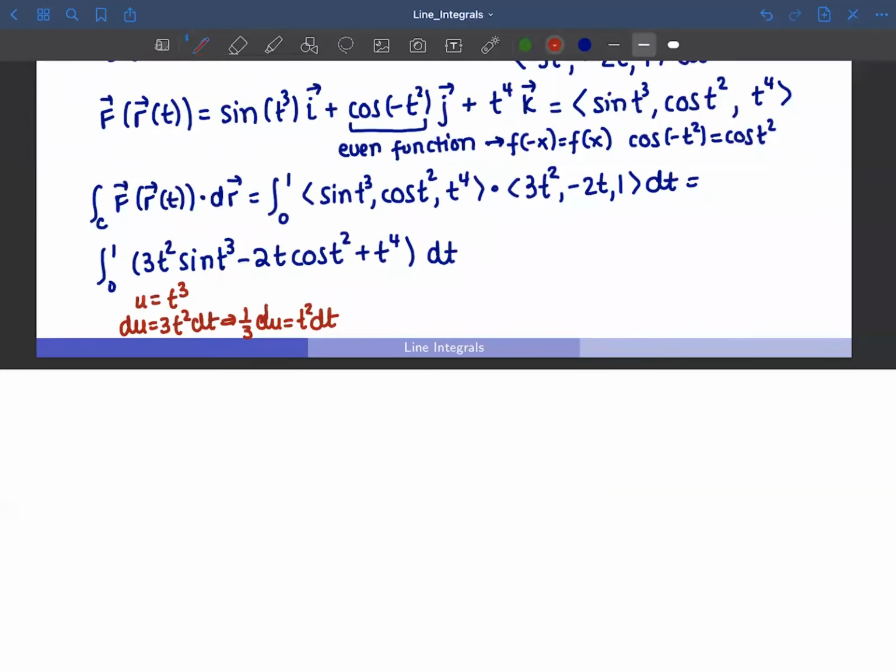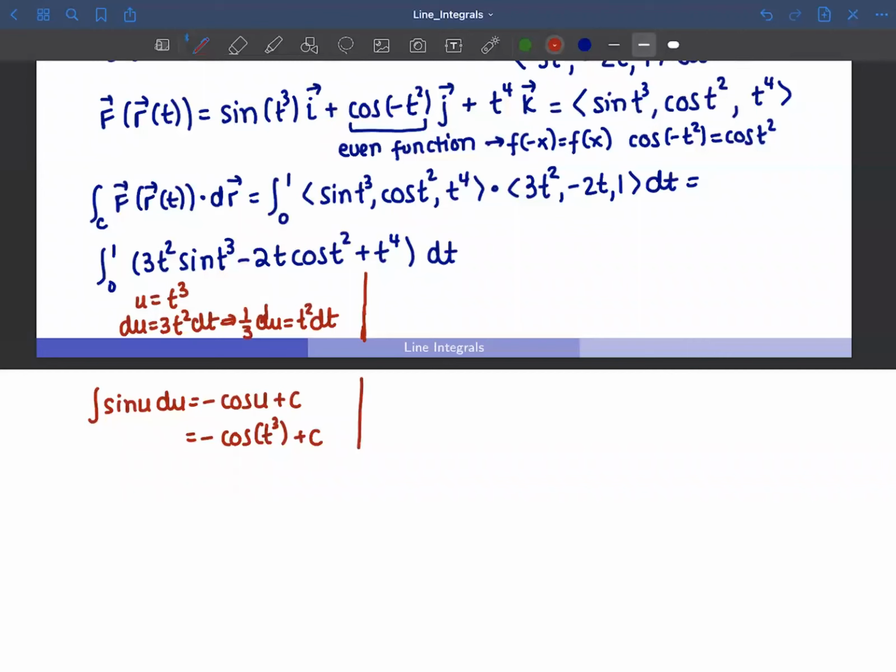From all that, we get that the integral of sine u du is equal to negative cosine u plus c. With u equal to t to the third, that is negative cosine t to the third, plus c. So this is for the first term of the integral.